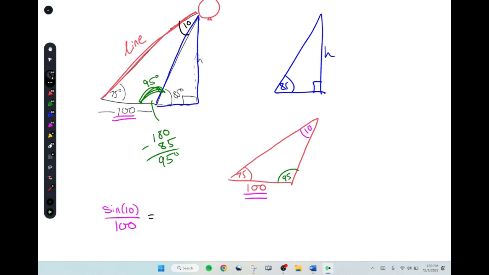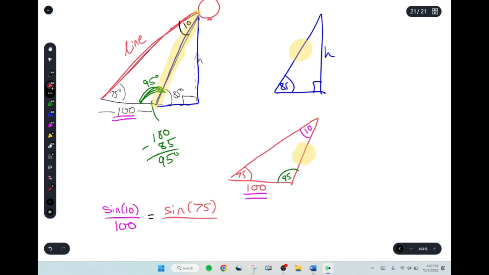Well, it depends which line you want, right? Do we want this one? Or do we want this one? I think we want this one because it's the exact same as that, right? See how those triangles are touching? So what I'm going to say is this is the sine of 75 over, and we got to call that something. I don't care what we call it.